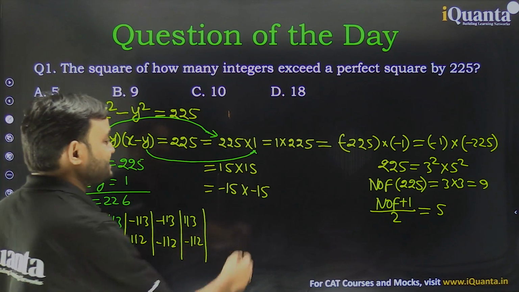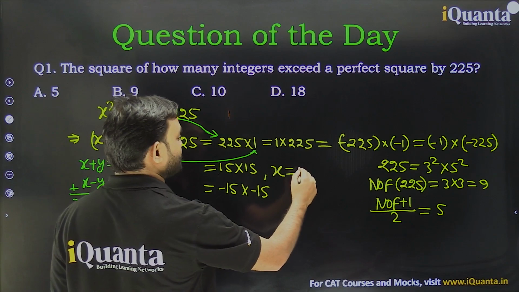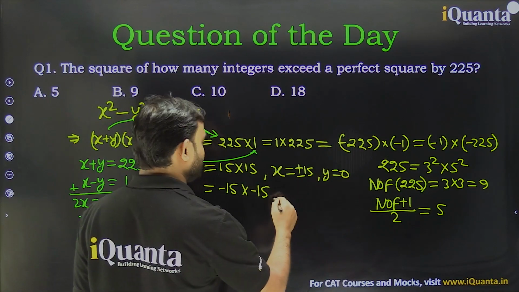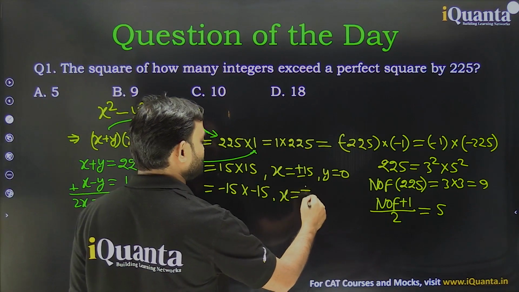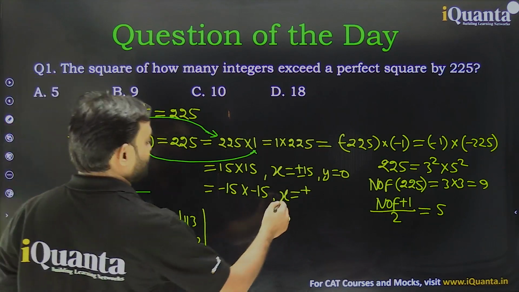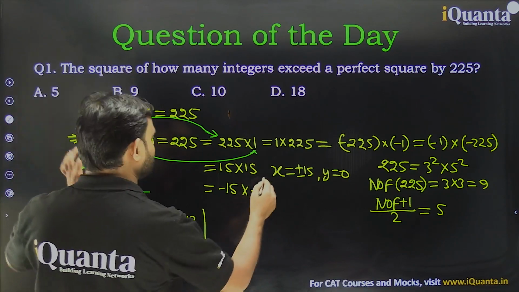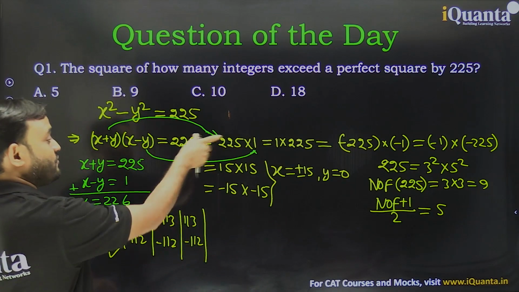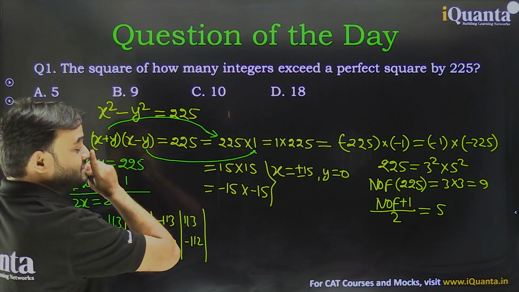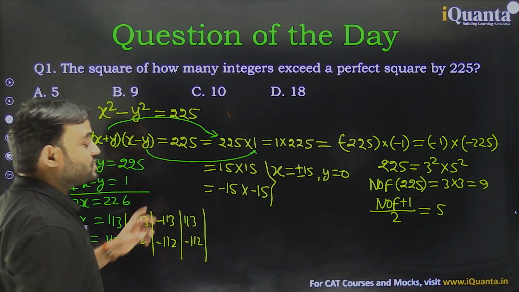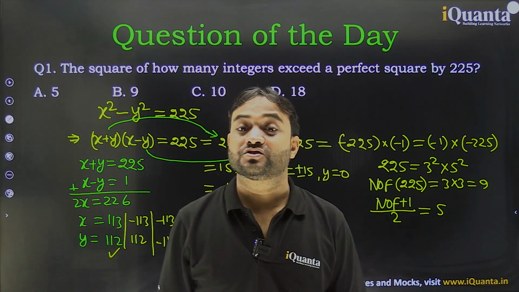And in that case, you get x is equal to plus minus 15, y is equal to 0. Including both of these, you get only 2 solutions instead of 4. For each combination we are taking 4, but in this case there will be only 2 different combinations, so we get 2 different solutions only.